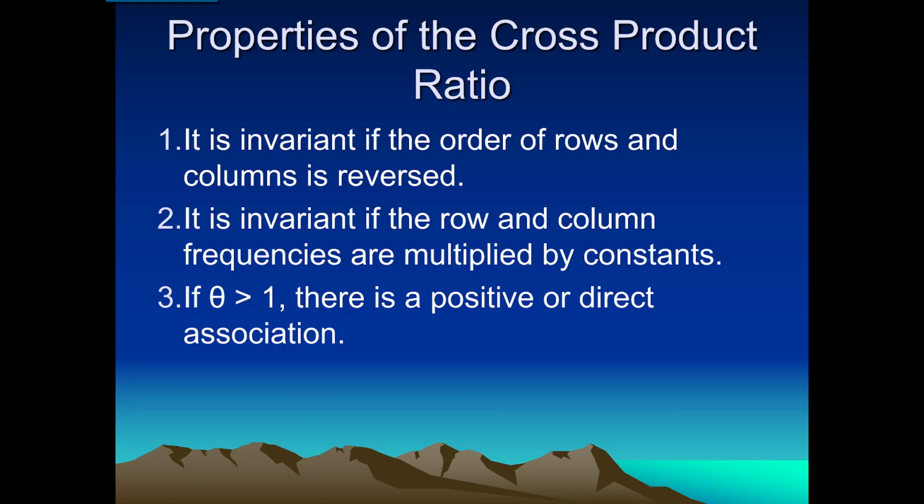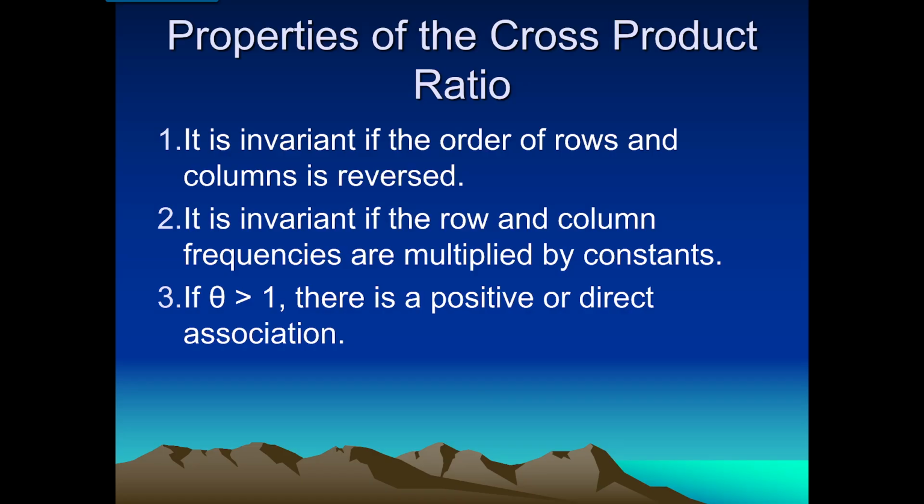So for the cross product ratio, if you swap the columns, the value remains the same. You swap the rows, the value remains the same. You multiply the frequencies by a number, it remains the same. So it has all the desirable properties, and it is very, very simple.